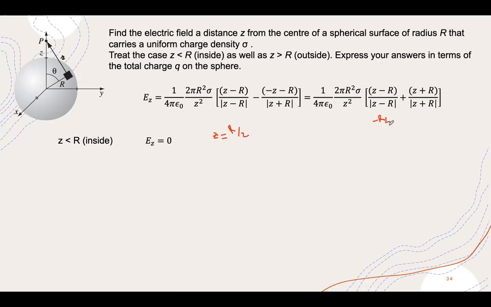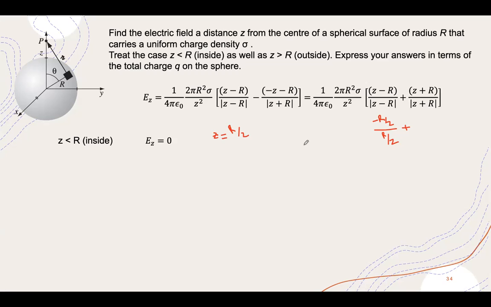And in the denominator, there is Z minus R, and it's in the modulus, so obviously this is going to have R over 2. Plus here, what is going to happen? This Z is R over 2 plus R. So have I made some mistake somewhere?